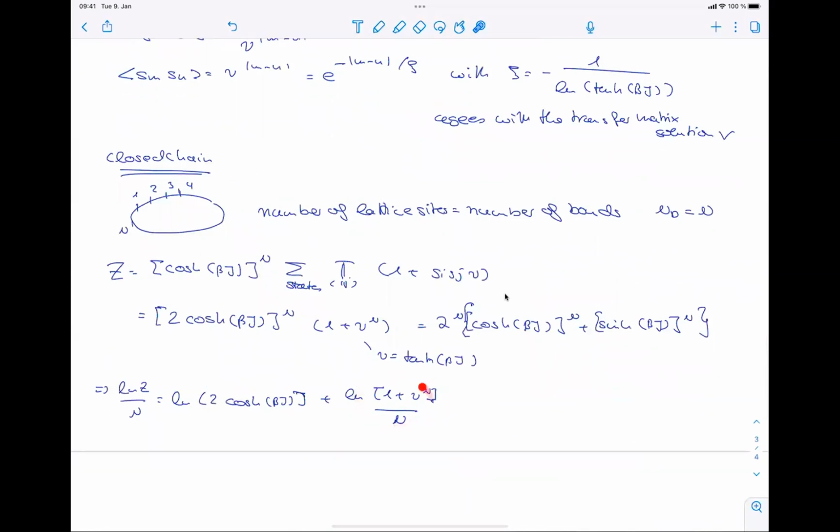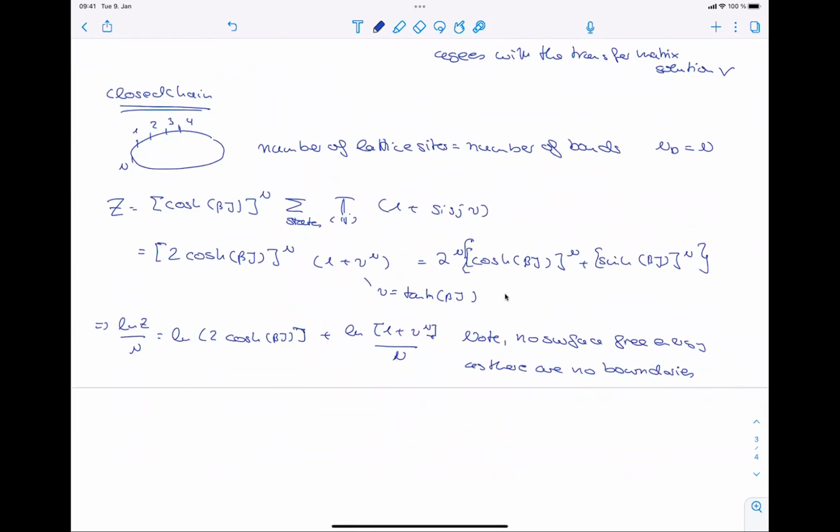And so this tells us that this is really inherent to the system, and there's obviously no surface energy term, no surface free energy, because there are no boundaries.